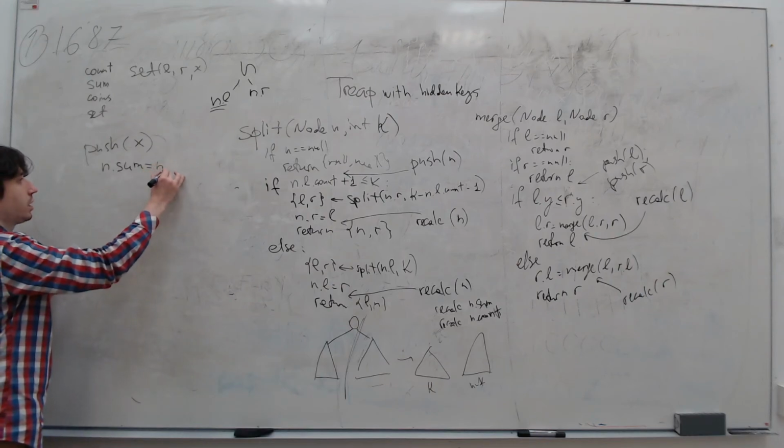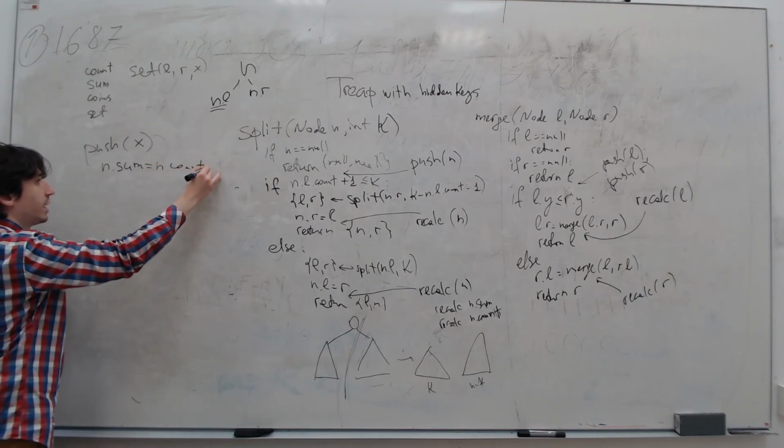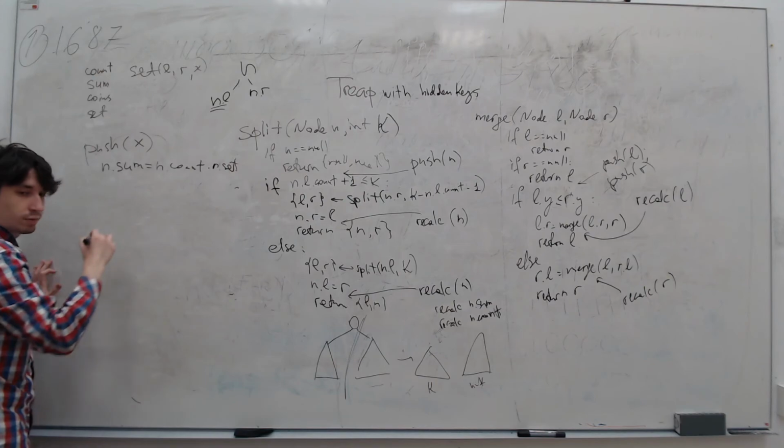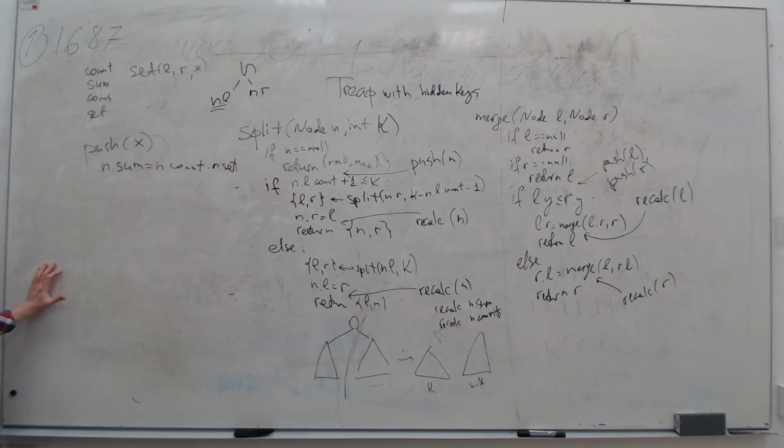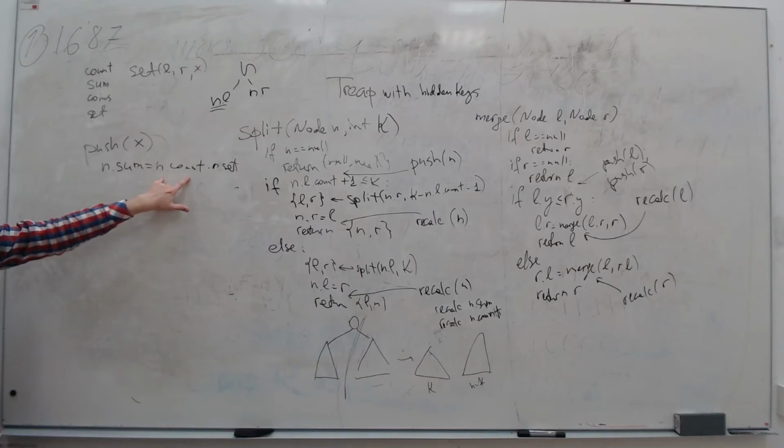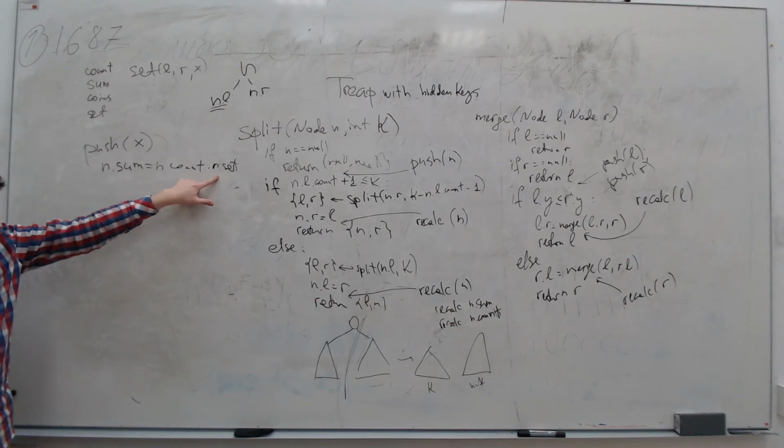So it is n dot count times n dot set. Each person, there are n dot count persons in the subtree, and each right now has set coins. Okay?